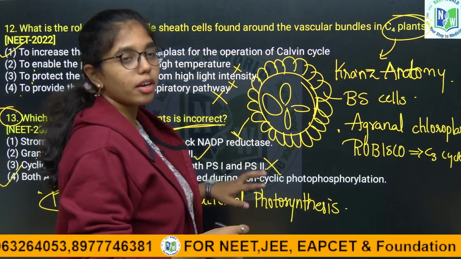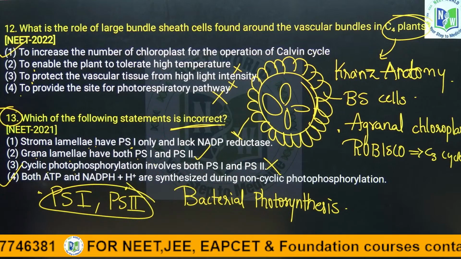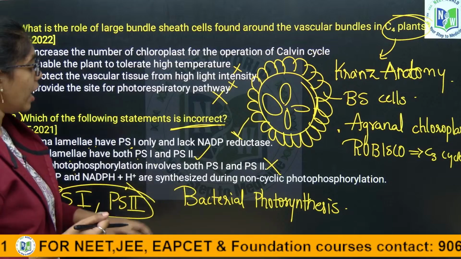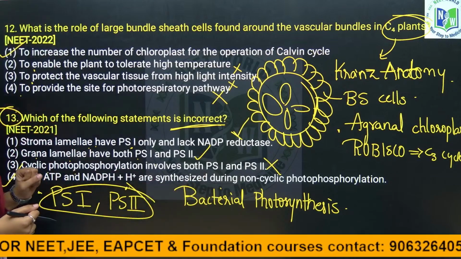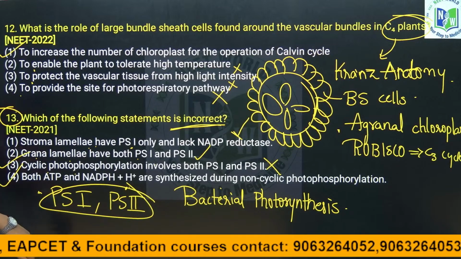Two PS are not present in cyclic photophosphorylation; only one photosystem is present in the stroma lamellae of bacterial photosynthesis. Clear? Is that fine? So here the incorrect statement is what? 3.